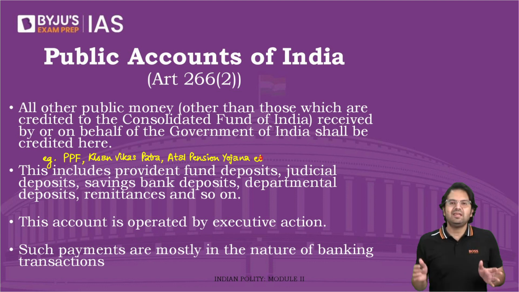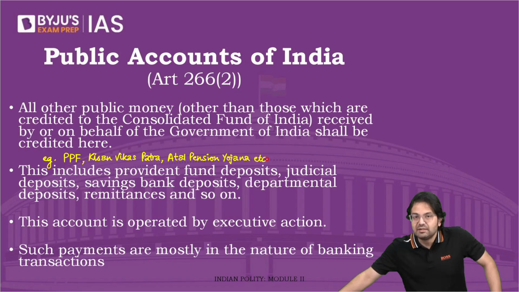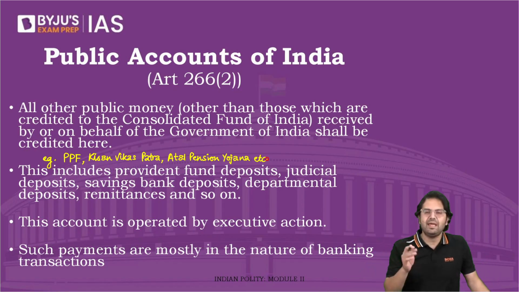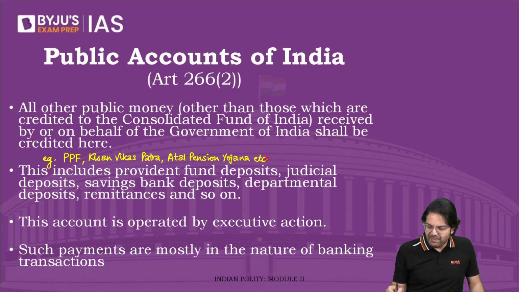So whenever there is any scheme which we open, then that scheme that we take the benefit of, the money that we put in, that money is put inside PAI, Public Accounts of India. Now, if you observe, these are all in the nature of banking transaction, right?